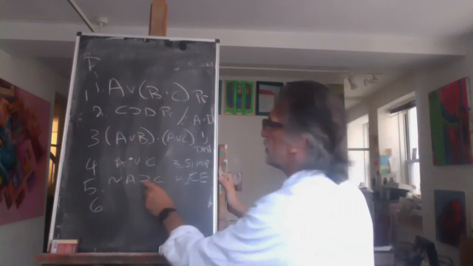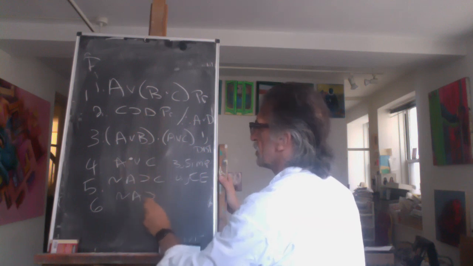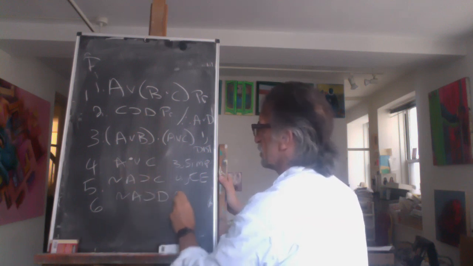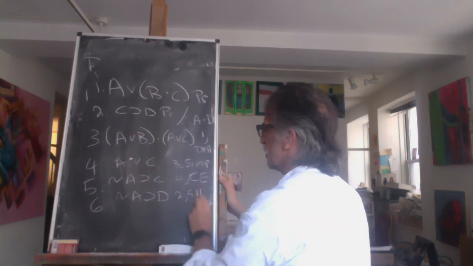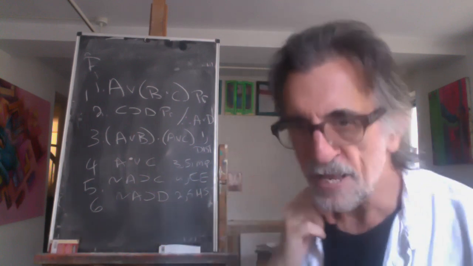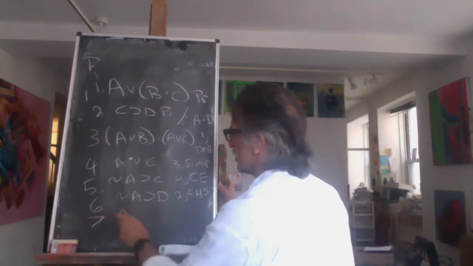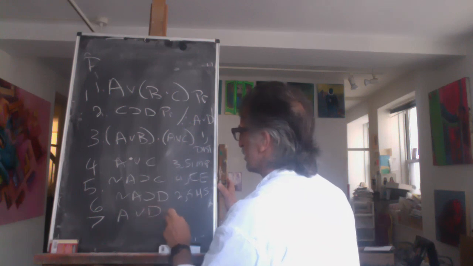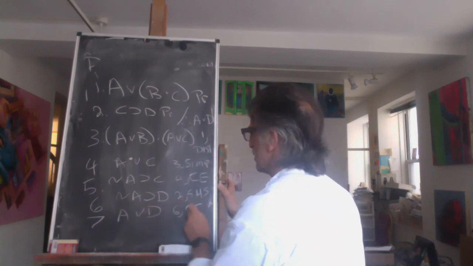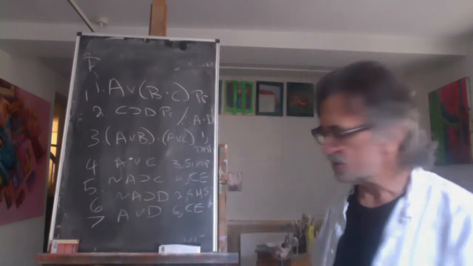So from this line and this line together, by hypothetical syllogism, we get if not A, then D. And then we come to the conclusion by, again, applying conditional exchange.